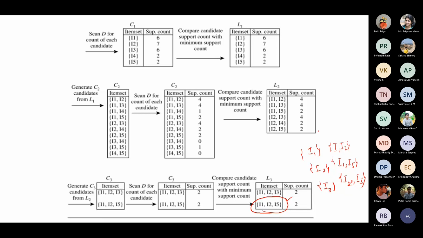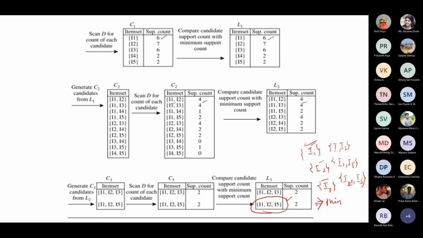The meaning of the sentence is that all these item sets must be frequently appearing across the database. Their value should be greater than or equal to minimum support. See here, I1 has support count 6. Next, in L2, I1 support count is 4.